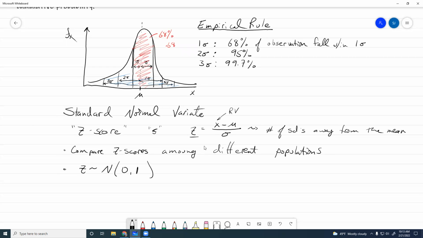And so if I get a z-score of 1.5, I plug in some value for x, I use the mean and the standard deviation, then this means I'm 1.5 standard deviations away from the mean. It tells you basically how extreme an observation is. A low z-score is something close to the mean, a high z-score is something far away from the mean.